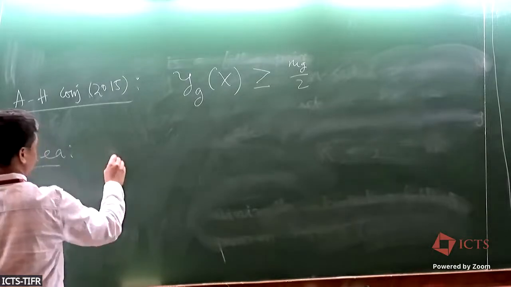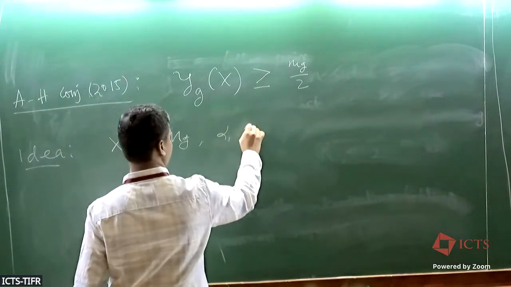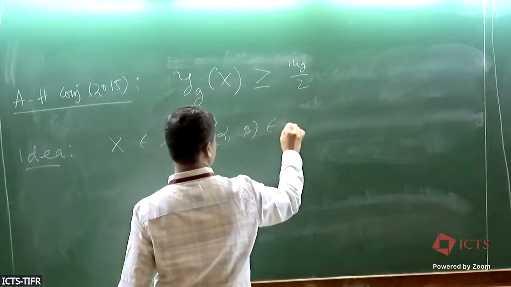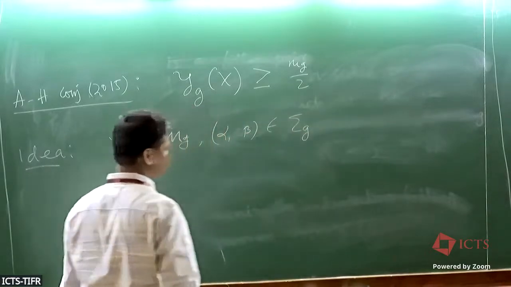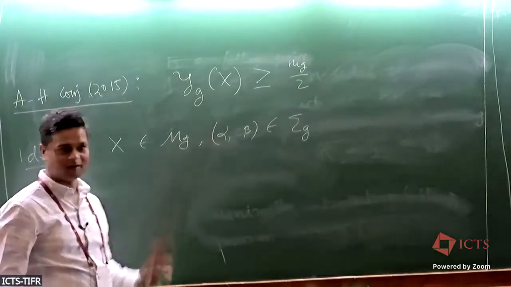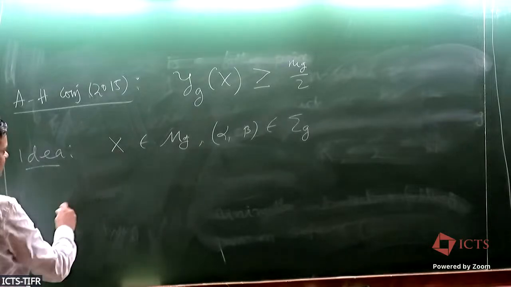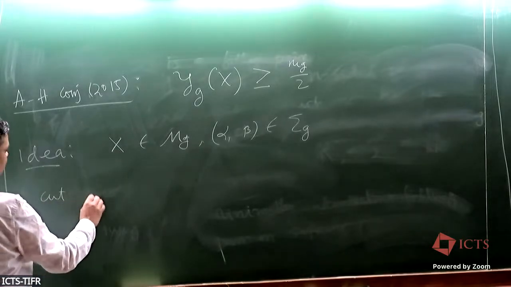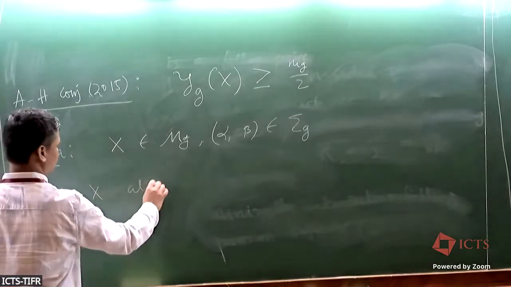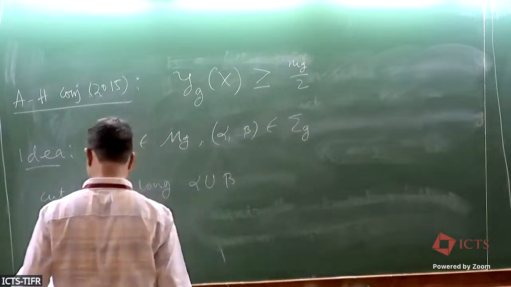So consider X belonging to M_g and (alpha, beta) belonging to Sigma_g. Again, alpha and beta are simple closed geodesics. We cut the surface X along alpha union beta.